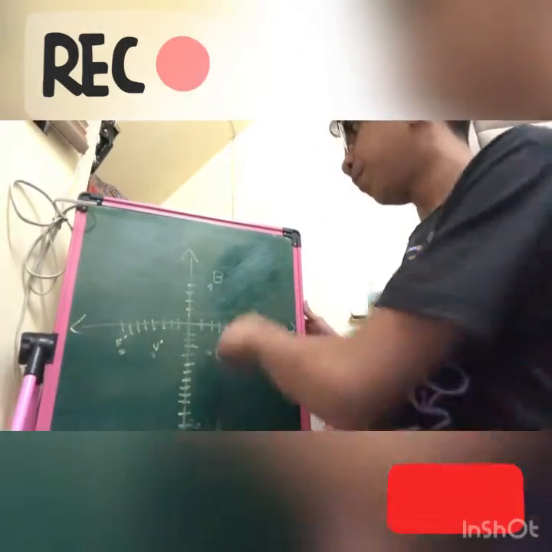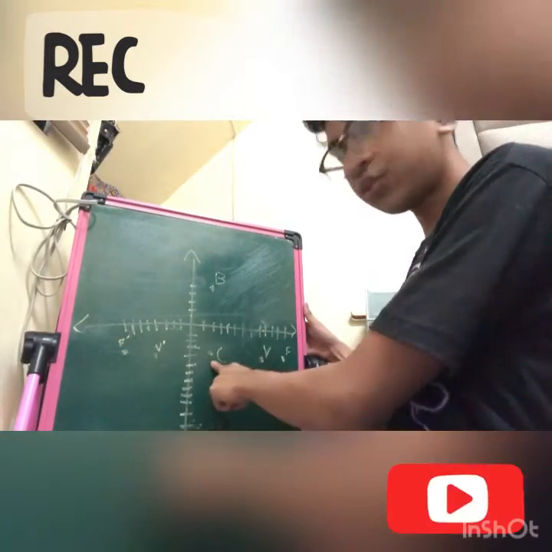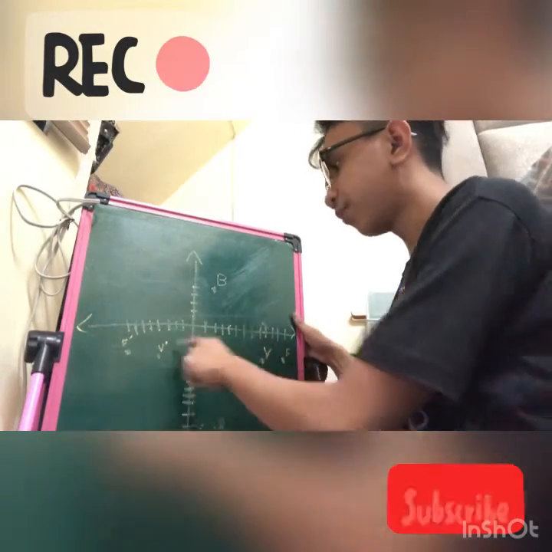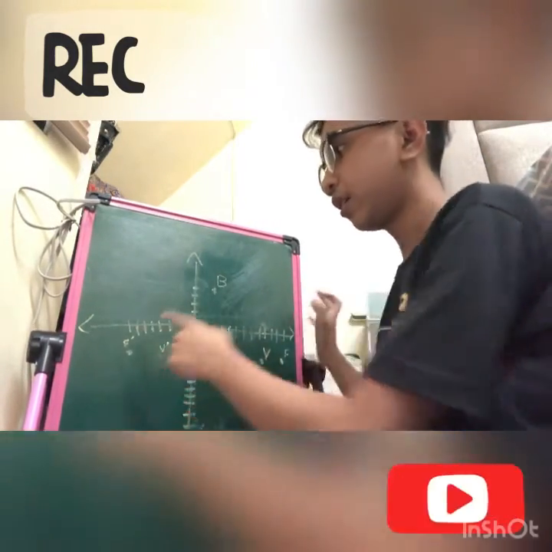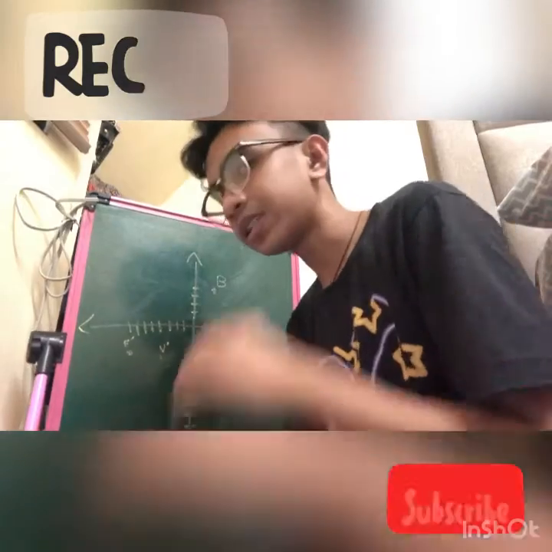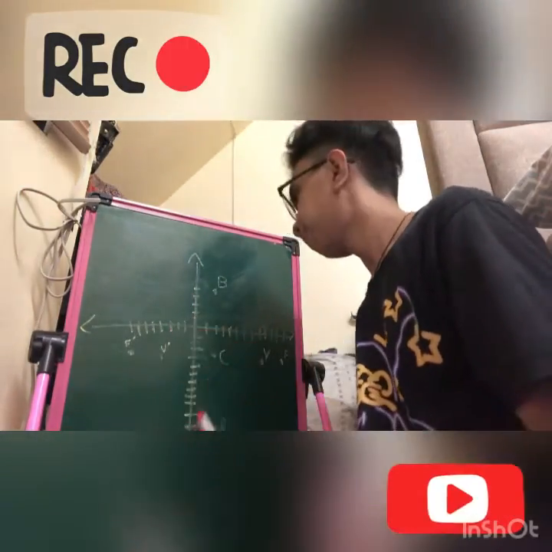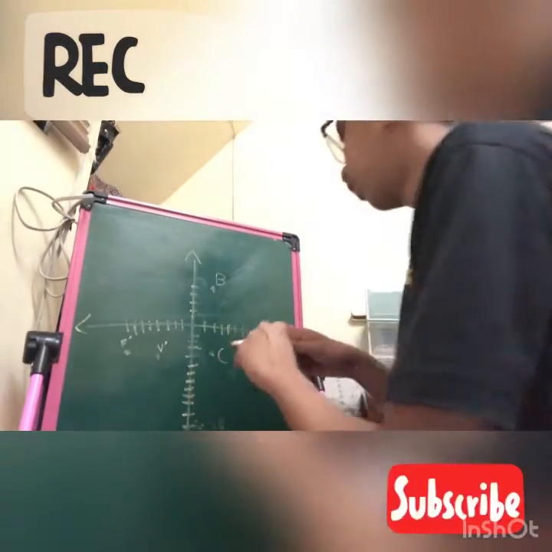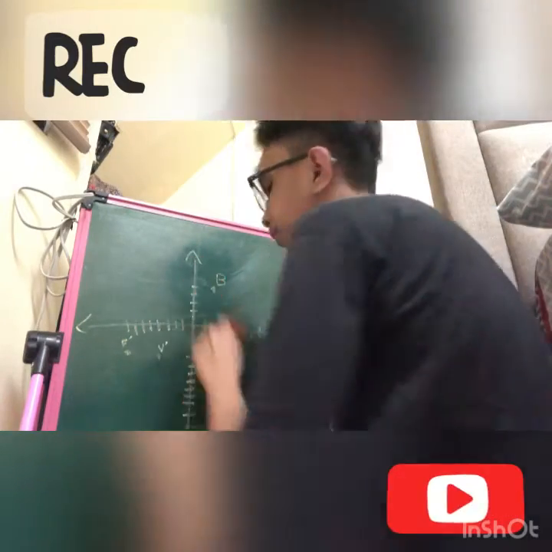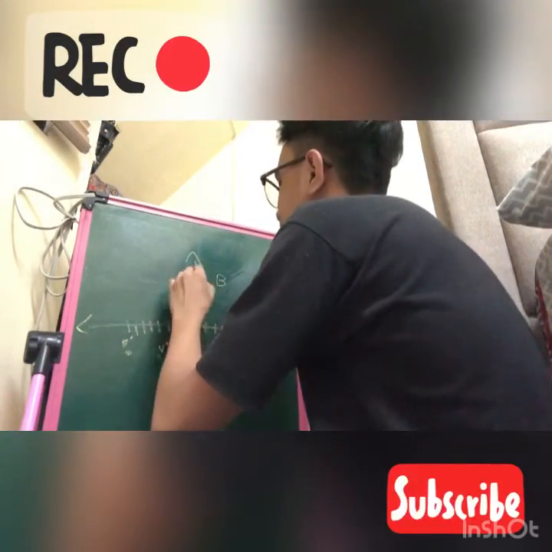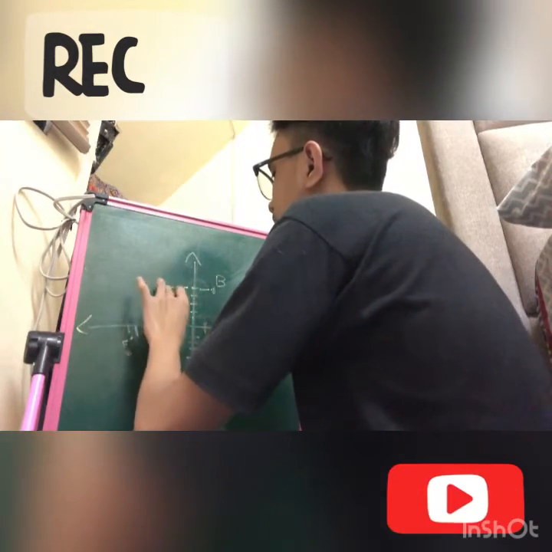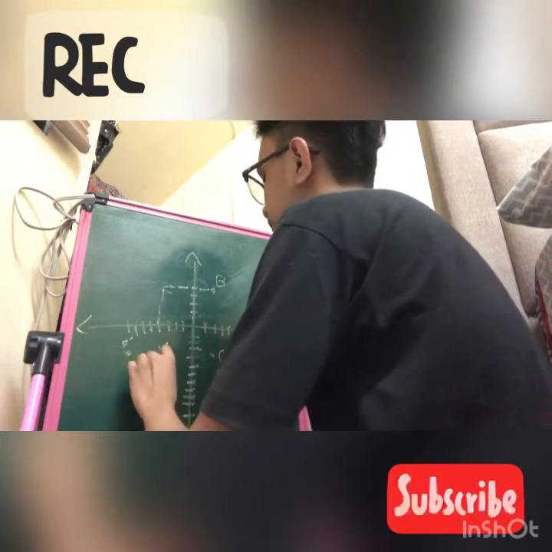So B, center, which is 2 and negative 4, V vertex, V prime, foci, we plot them with these given values of coordinates. So let's trace the graph and draw the hyperbola. So from the center, which is 2 and negative 4, we draw a rectangle for the asymptote. Asymptote.